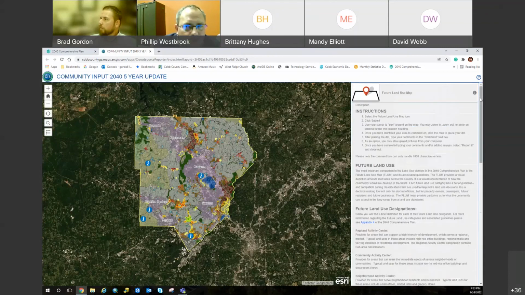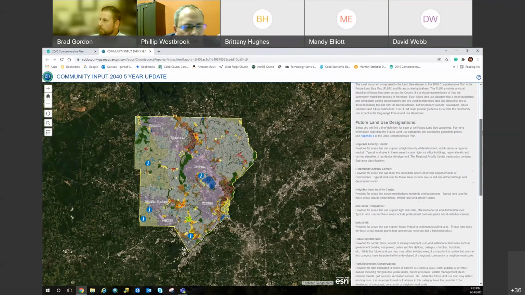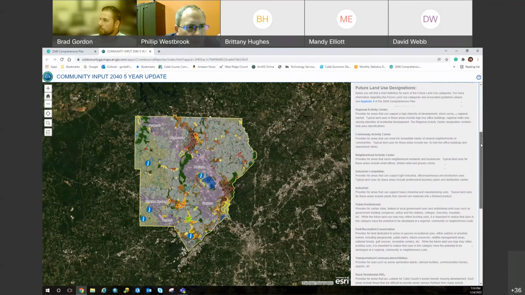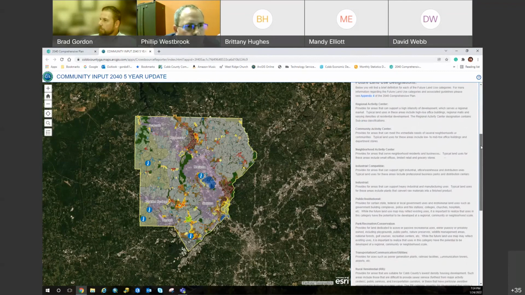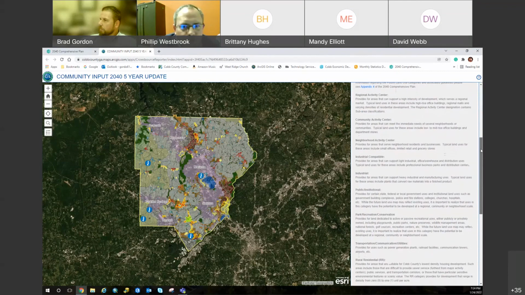Especially when it comes to future land use, there's a lot of definitions in the future land use designations. And this I button provides those definitions. If you're not that familiar with the future land use, it gives you the density recommendations for each of the future land uses.